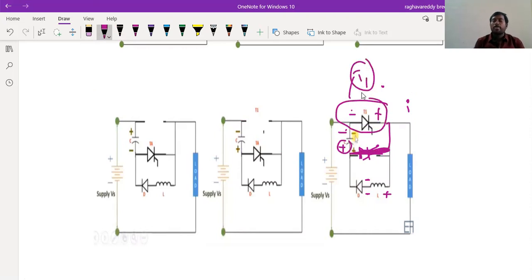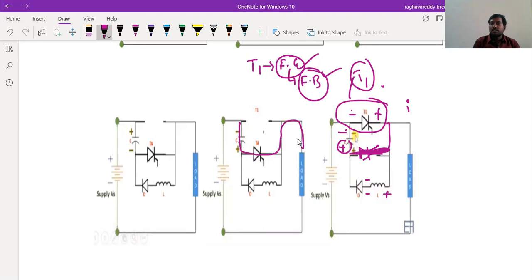Reverse voltage is applied across the thyristor T1, so that thyristor T1 will come from forward conduction mode to forward blocking state. Forward conduction state to forward blocking state, and this thyristor again allows the current through the load in this direction, and the capacitor will discharge its energy.